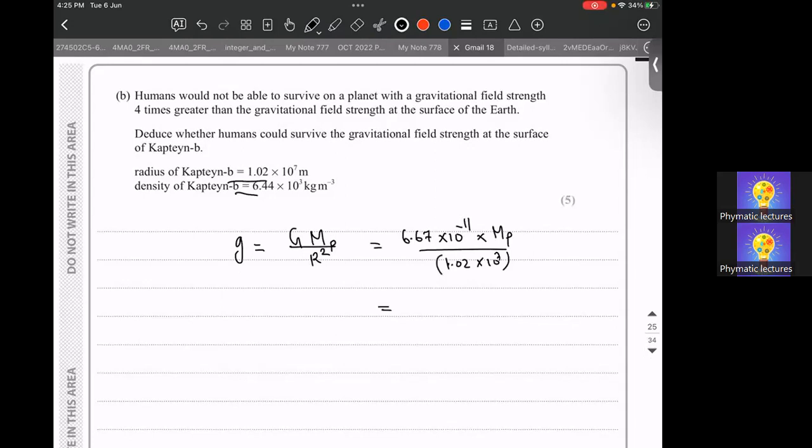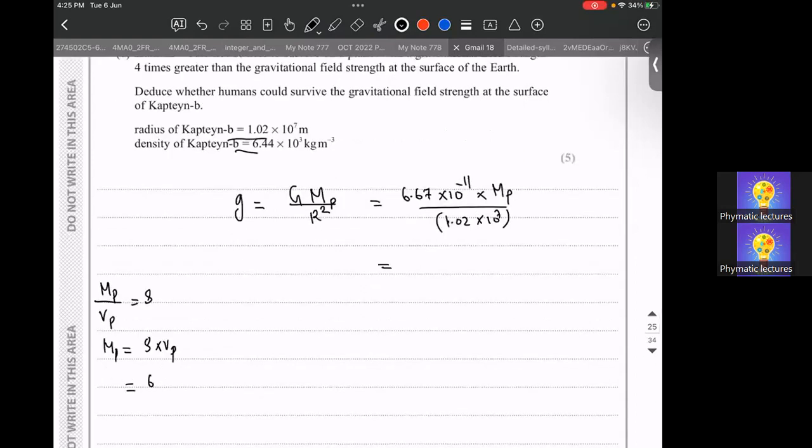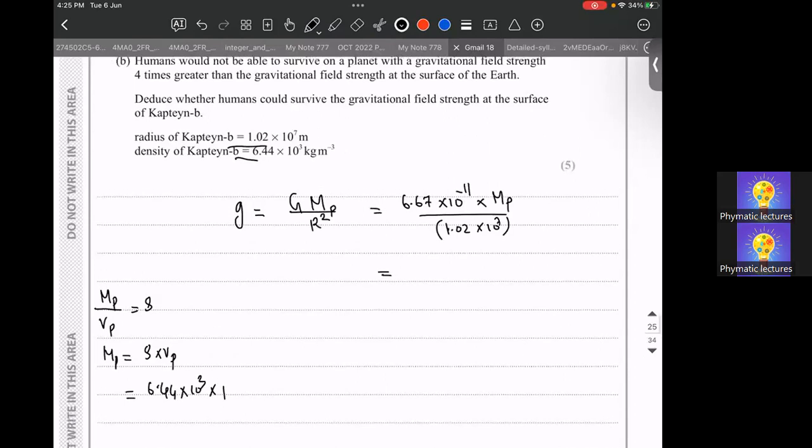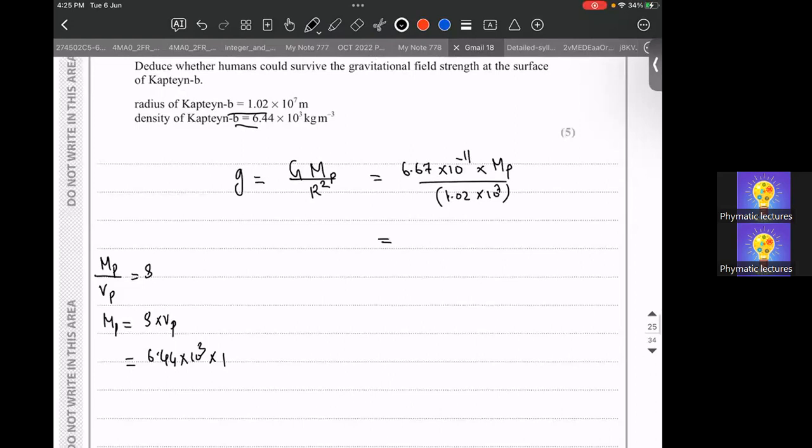Now, how will you find the mass of the planet? Mass divided by volume is density, so the mass of the planet is density times volume. Density is 6.44 into 10 raised to 3. How will you find the volume? Because the radius is given, volume is 4 by 3 into pi r cube, with r as 1.02 into 10 to the power of 7.